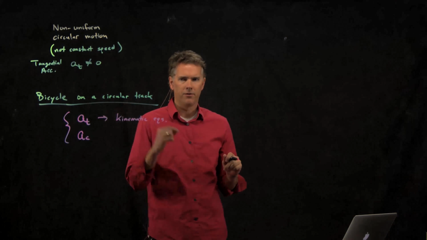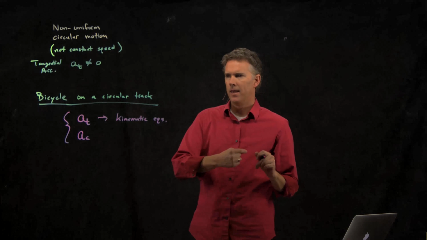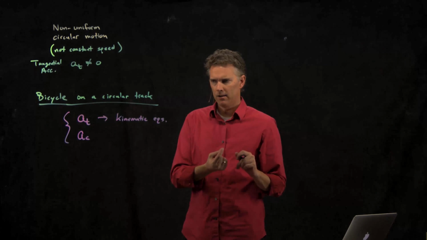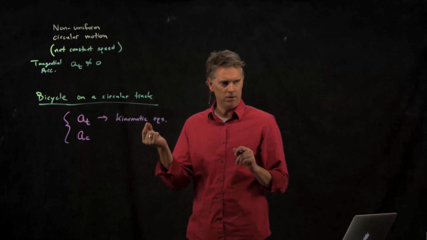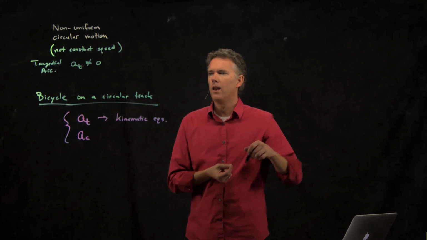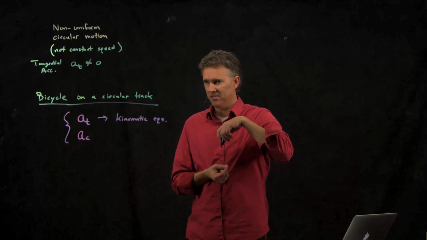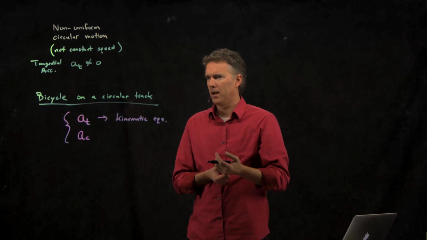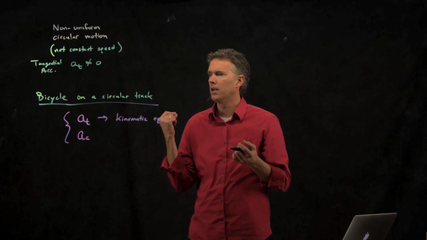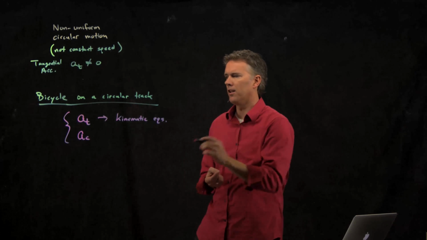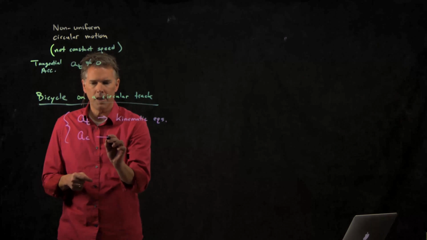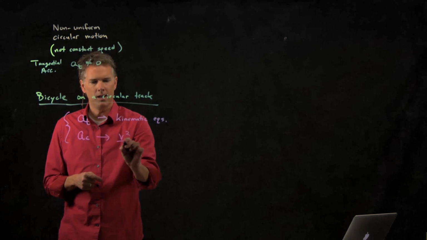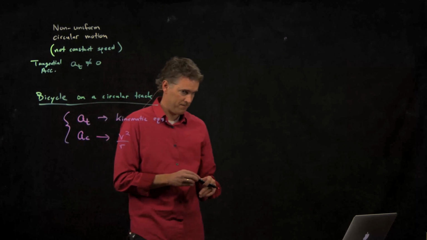So for instance, if they start from rest and they go once around the track in some amount of time, you can calculate their acceleration because you know that they went 2 pi r in distance and they did that in some amount of time t, and so you can calculate exactly what the acceleration is. a sub c, we know what that is. That is v squared over r.